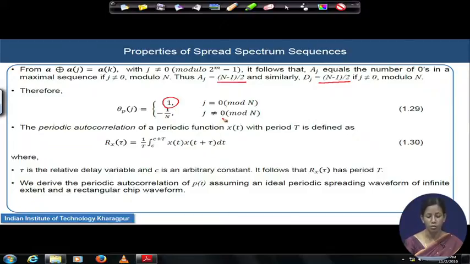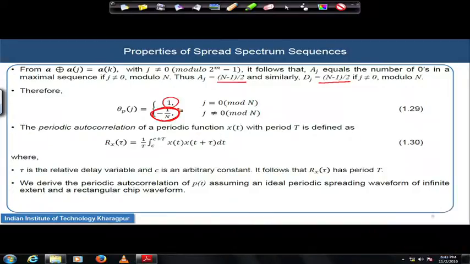And if j is not equal to 0, if you substitute the values of Aj and Dj, you will end up with a value of minus 1 by N. So, here is the autocorrelation value that we blindly stated as a property of ML sequences. When j is not equal to 0, you are plotting the cross correlation values, and we will always end up with minus 1 by N.